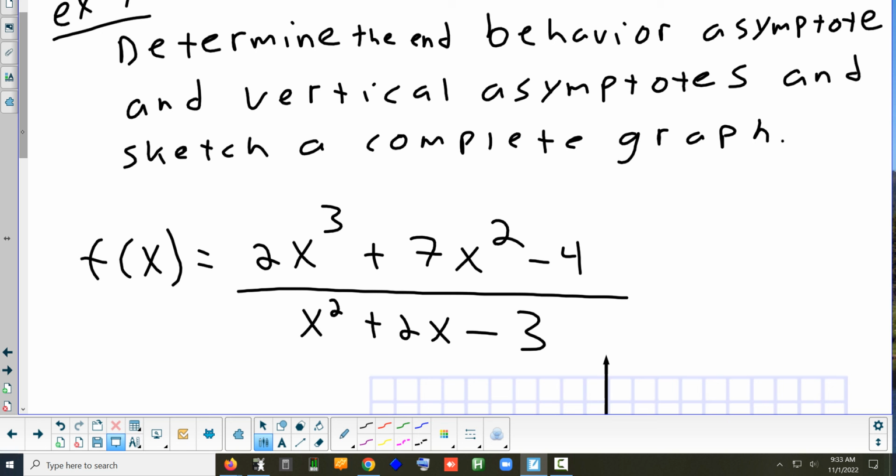Okay, so to find the vertical asymptotes, what do we focus on to find vertical asymptotes? The numerator or the denominator? The denominator. And what do we specifically want to know about the denominator?